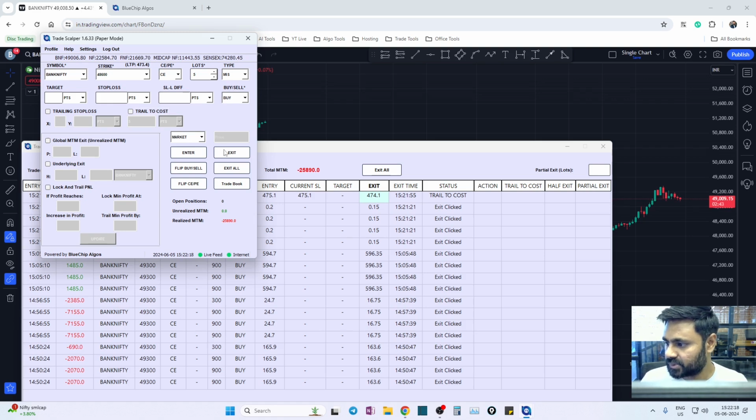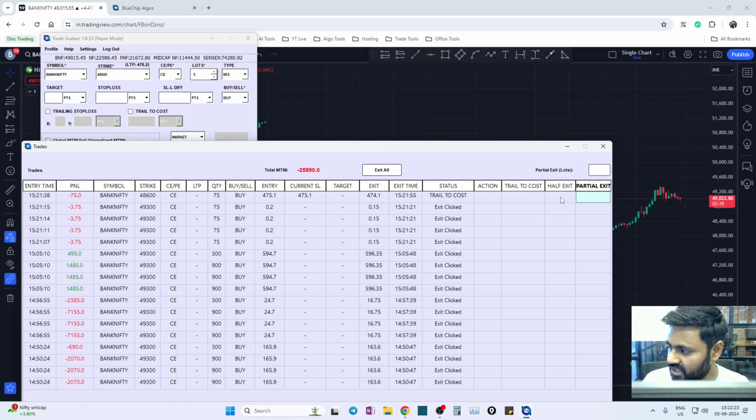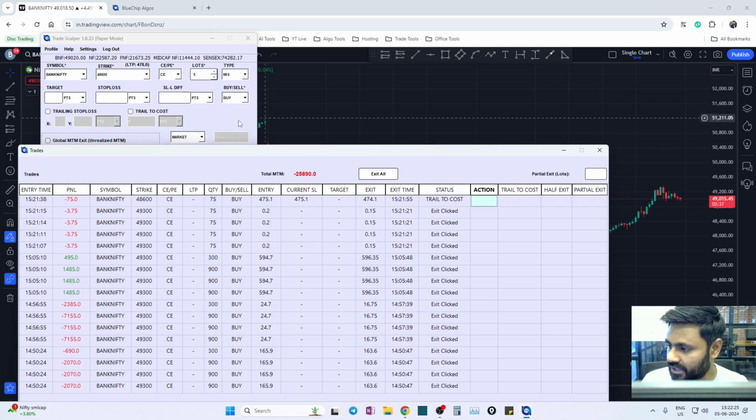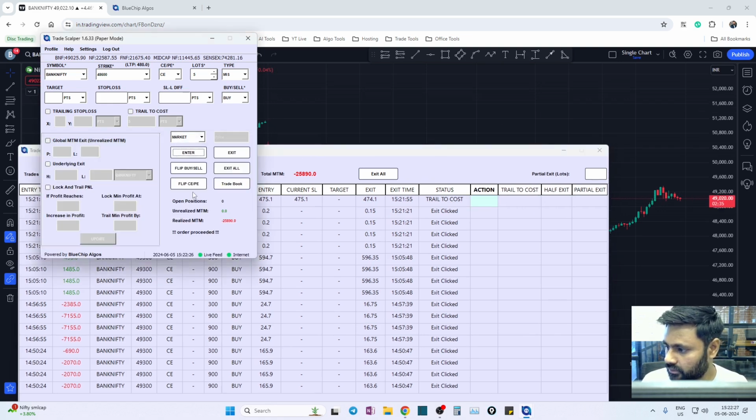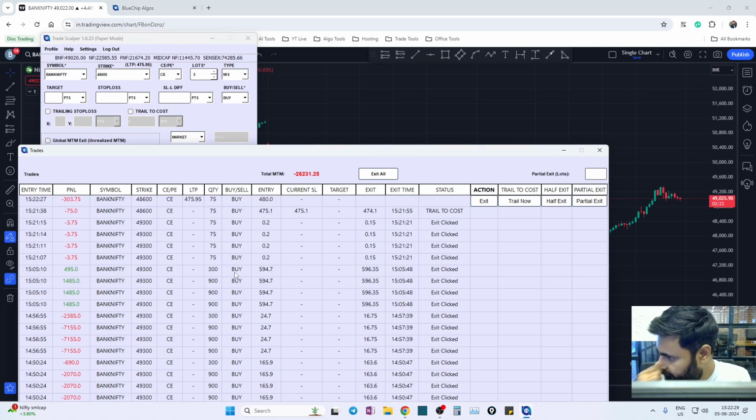Then I would also like to show you a few more things that we have on the trade book. Let's take another trade. Now we have picked up another trade. In the trade book, you have the exit button, trail now button, half exit and partial exit. Exit is straightforward, I'm not getting into that.